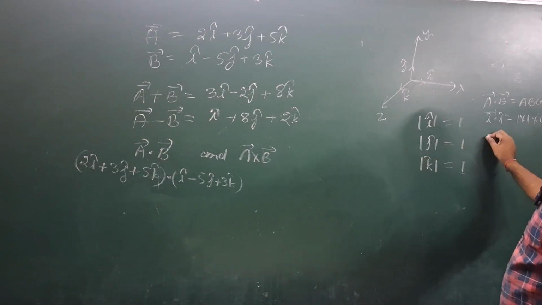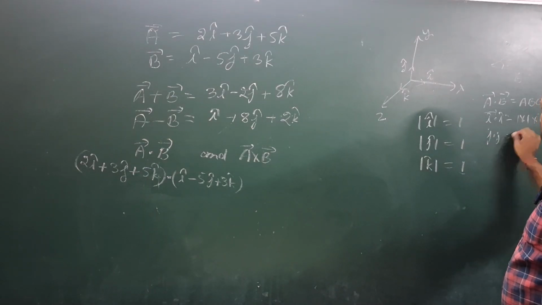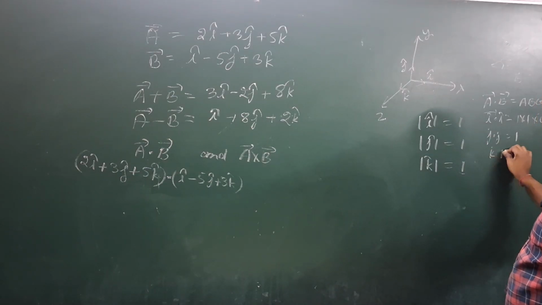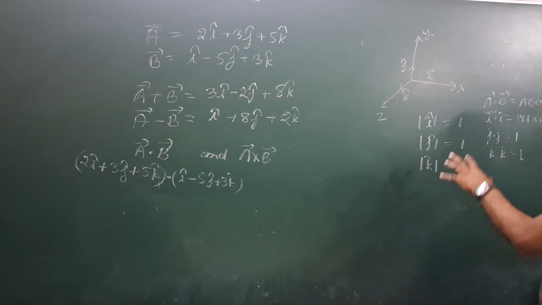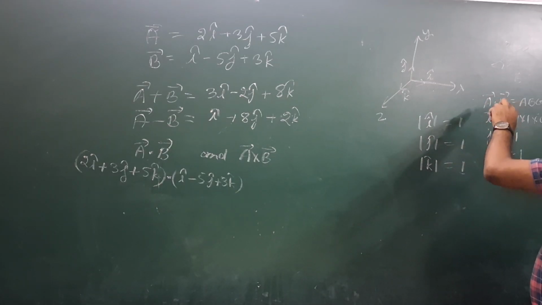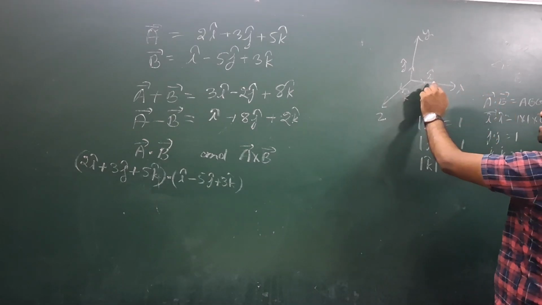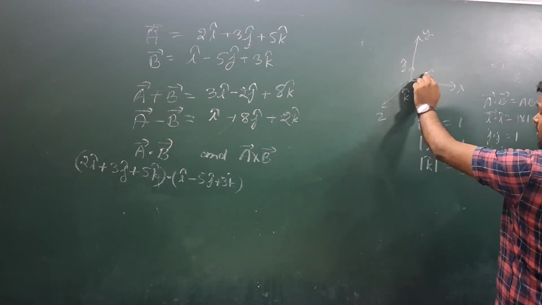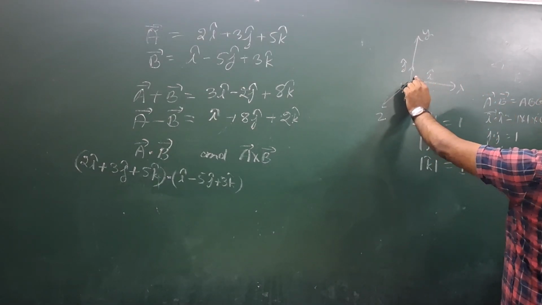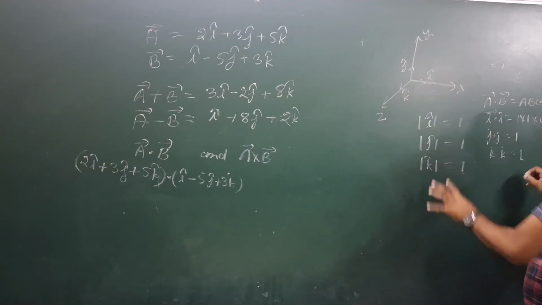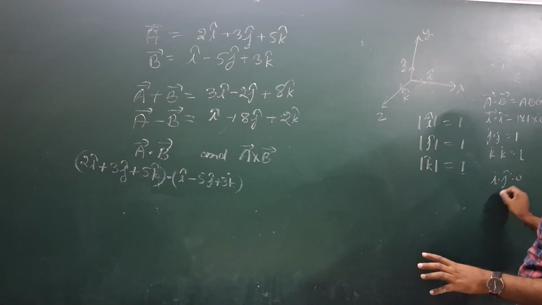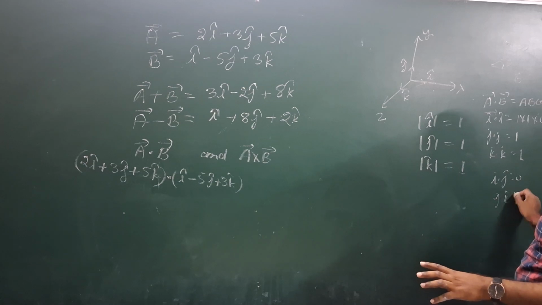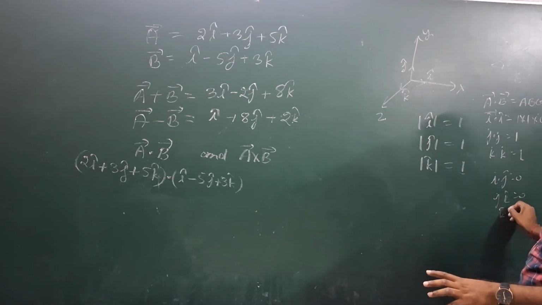Similarly, j dot j is also 1 and k dot k is also 1. In the second case, i dot j: the angle between i and j is 90 degrees and cos 90 is 0, so i dot j is 0, j dot k is 0 and k dot i is 0.